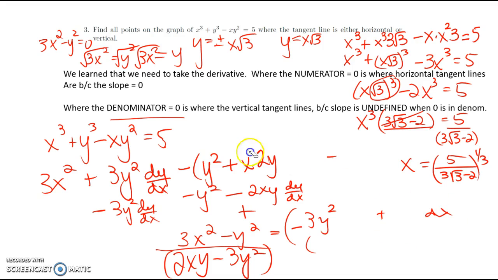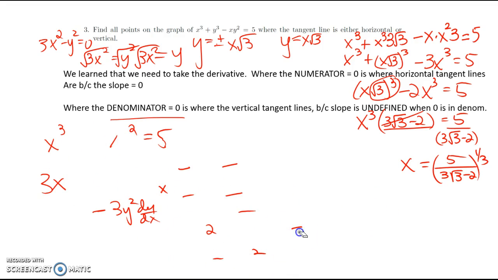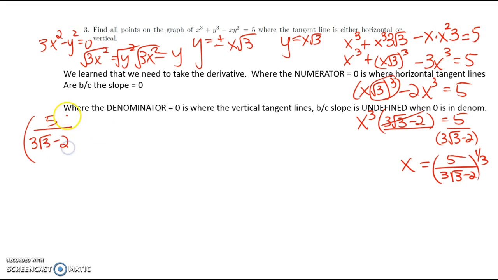So I'm going to get rid of some of this, if I can, using my eraser stylus. So we have found that one of our points will be x is 5 over 3 square root of 3 minus 2 to the 1/3.